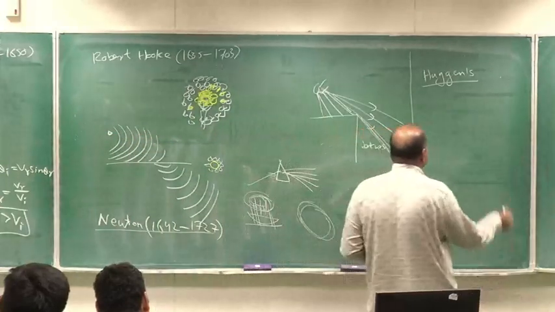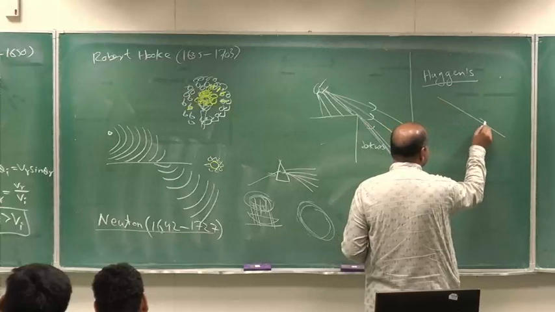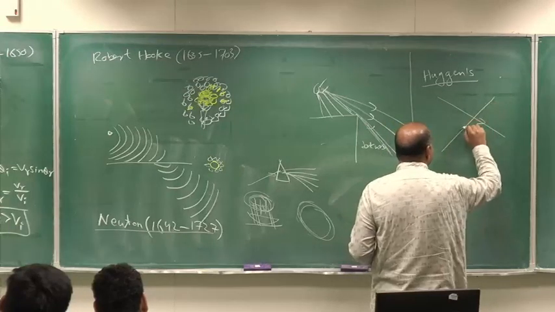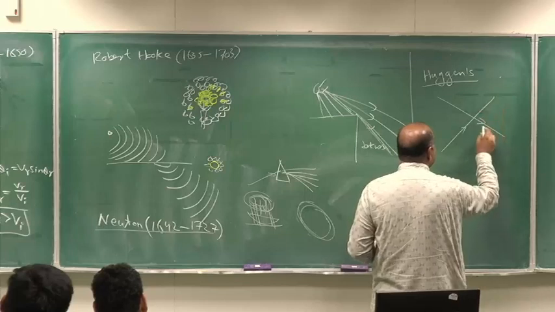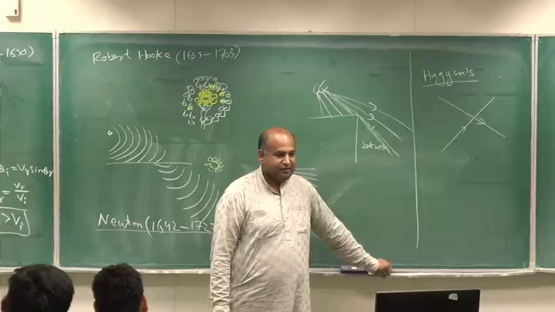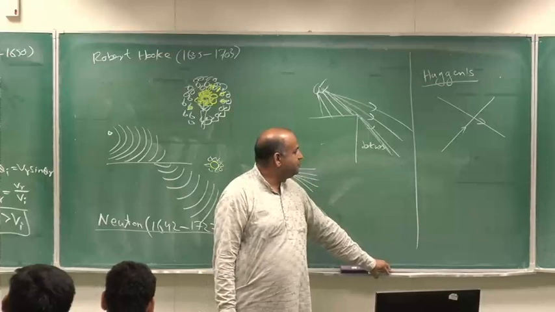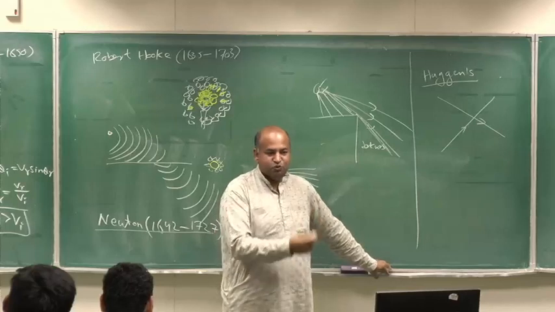Can you see the objection? So we have a beam of light going like this, and a beam of light going like this, and there is absolutely no disturbance of these two beams, even though the two beams cross, right? Can you see what should be the objection to particle theory from this observation? That was known to everyone.